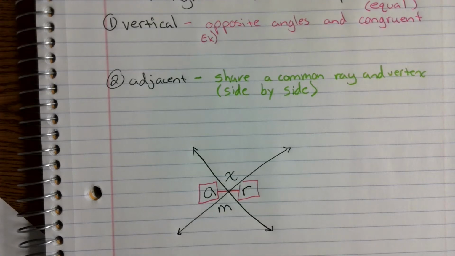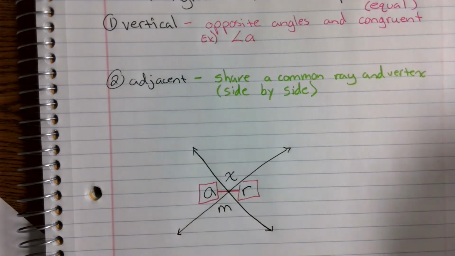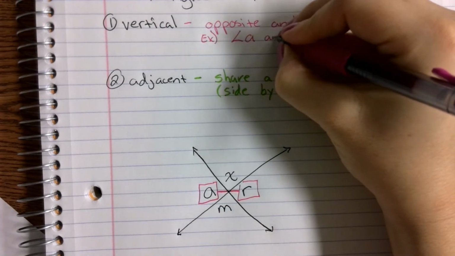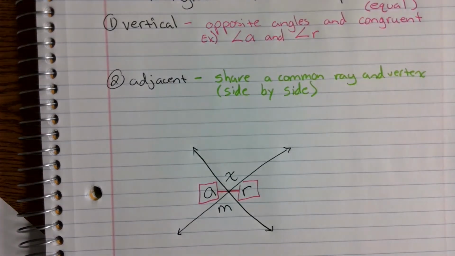If you have to go to the vertex and then curve to get to the next angle, then it's not a vertical angle. It has to be a straight connection through the vertex to make it a vertical angle. So angle A, let's go back up to where we talked about vertical. Angle A and angle R are considered to be vertical angles.